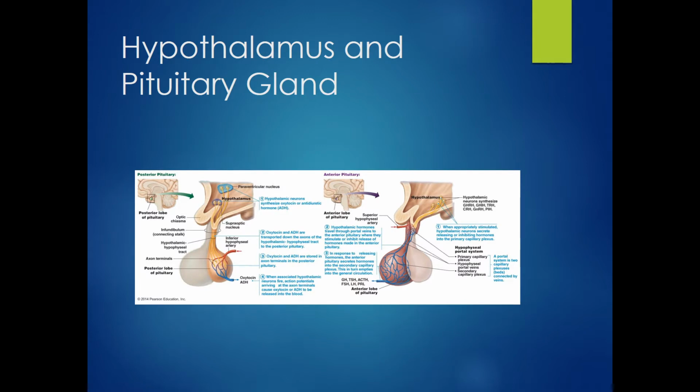Okay, so really quickly, we need to understand the relationship between the hypothalamus and the pituitary gland. So we'll take a look at the posterior pituitary, which we call the neurohypophysis because we have neurons that originate in two nuclei within the hypothalamus called the paraventricular and supraoptic nuclei.